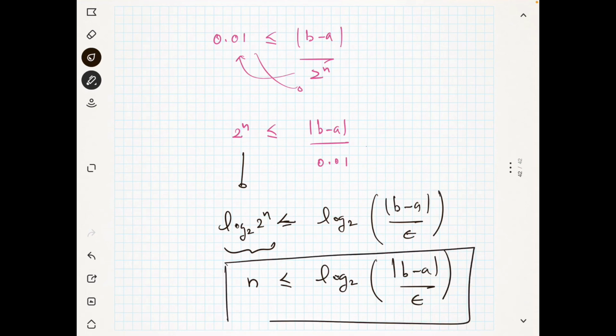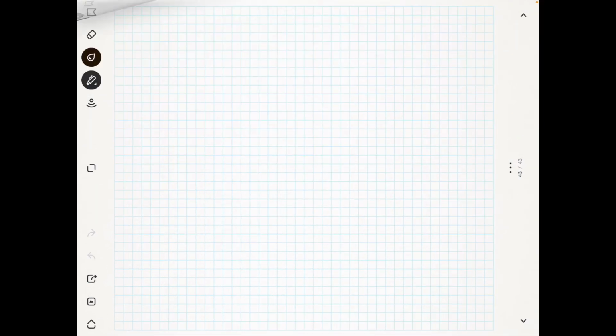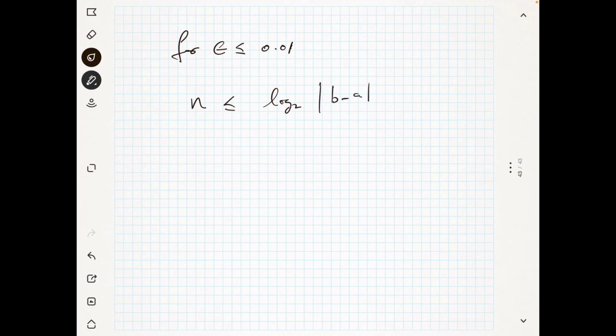So this many iterations you need. In our case, for epsilon less than or equal to 0.01, the number of iterations required is nothing but log to the base 2 of b minus a divided by 0.01.